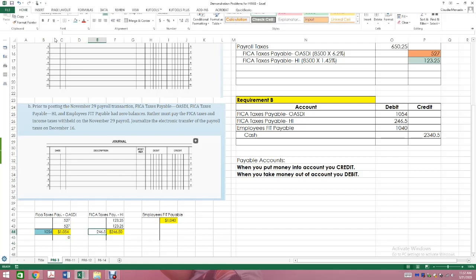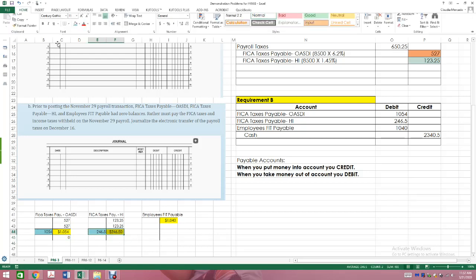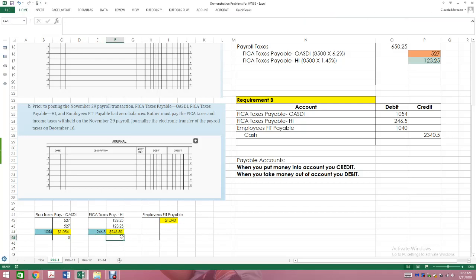Now this account has a zero balance. I no longer have any money. I took money out of my employees' and my employer payroll taxes and I put it into the account totaling 1,054. I took the money out and sent them the money electronically. So these accounts will now be zero.